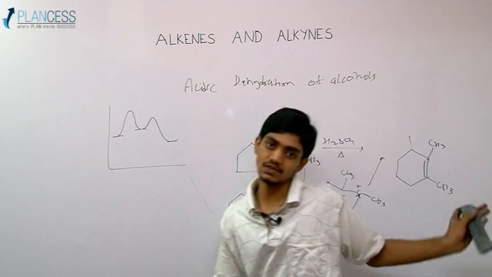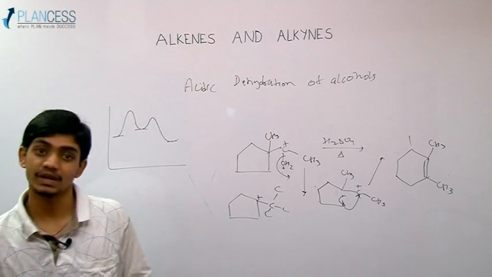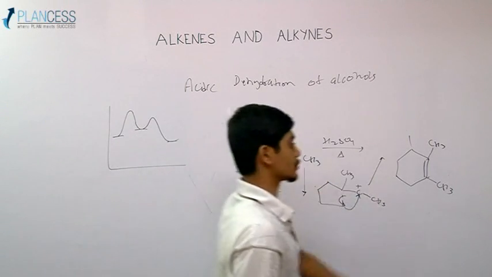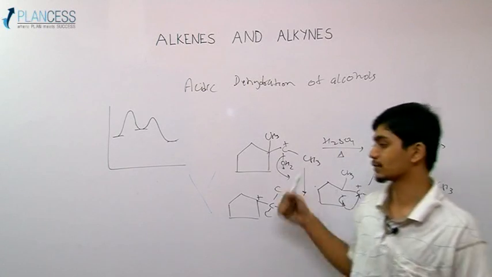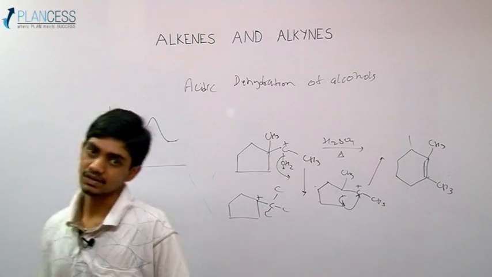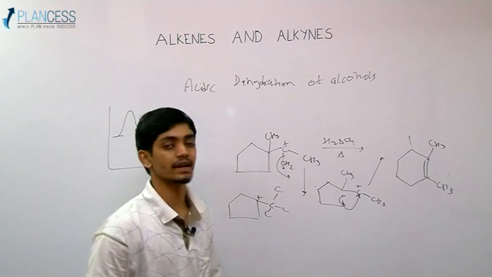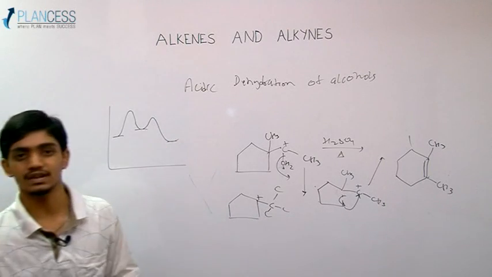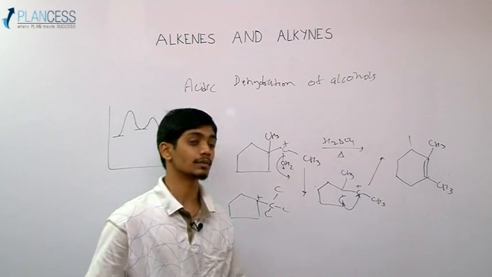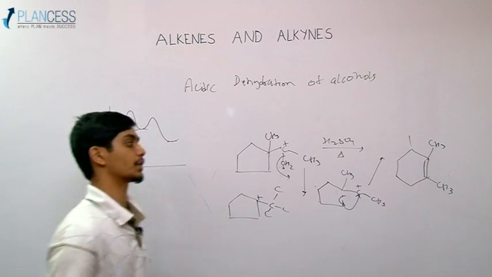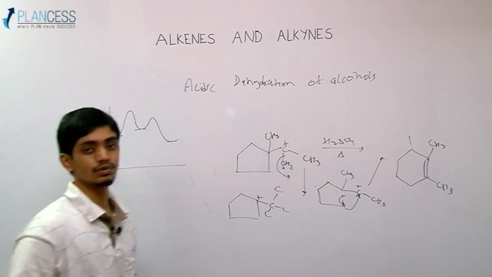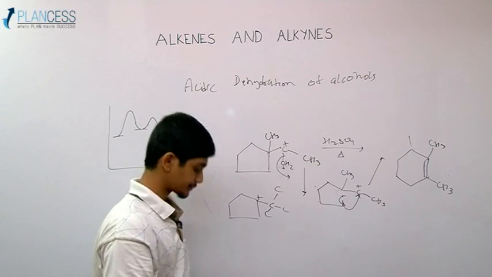So Saytzeff rule says that that must be the major product of the reaction. As you can see, there is a ring expansion over here from a 5-membered ring to a 6-membered ring. That means it is a more stable product, and the stability gained by that is more than the stability gained by just this. And we see that the more stable alkene is produced because this alkene is highly substituted because of the presence of these two CH3 groups.